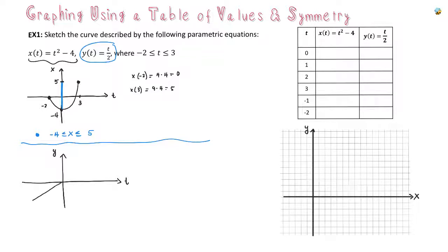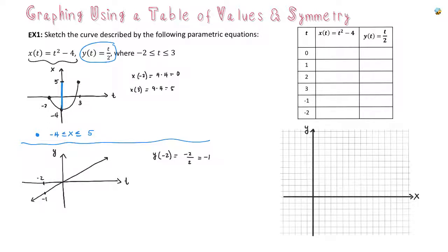That graph is going to go somehow like this. But then again, because t is restricted, t is between -2 and 3, I'm only going to be using a certain portion of my graph. In fact, y of negative 2 is going to be negative 2 over 2, so that will be negative 1. So when t is negative 2, the y value is going to be negative 1 right here.